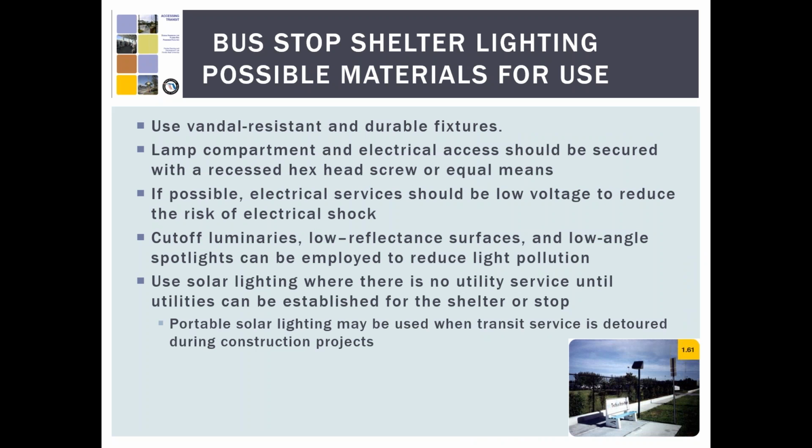Some additional guidance that they provided: the fixture should be vandal resistant and durable for use at transit stops. The lamp compartment and electrical access area should be secured with recessed hex screws or equal means. If possible, electrical services should be low voltage to reduce the risk of electrical shock. Cutoff luminaires, low reflectance surfaces, and low angle spotlights can be employed to reduce light pollution to the surrounding area.